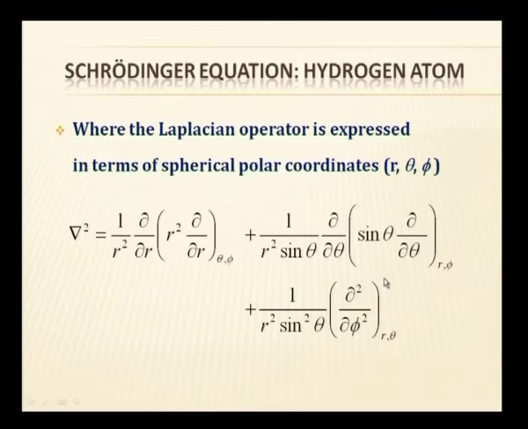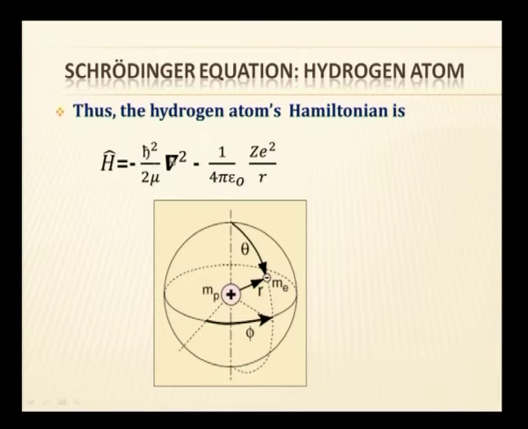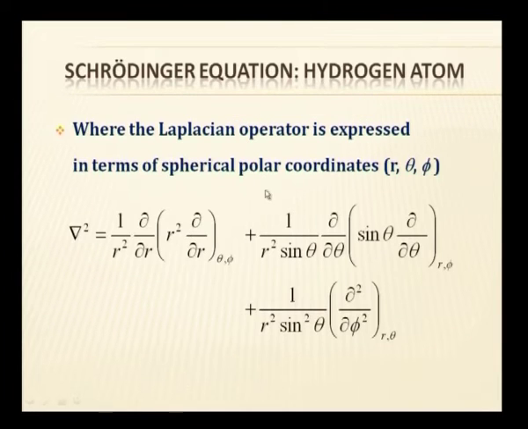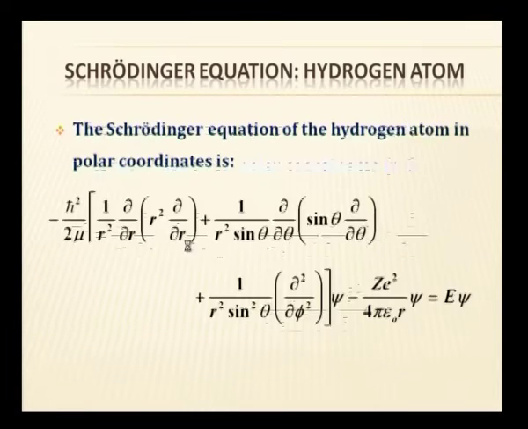You look at the expression once again, you have got a del square here, and del square has been replaced by an expression of this kind, wherein you express del square in terms of r, theta, phi. Therefore, when you substitute this expression for del square, the whole thing will become of this kind. Of course, you will have h bar square by 2 mu outside, then del square in terms of r, theta, phi.